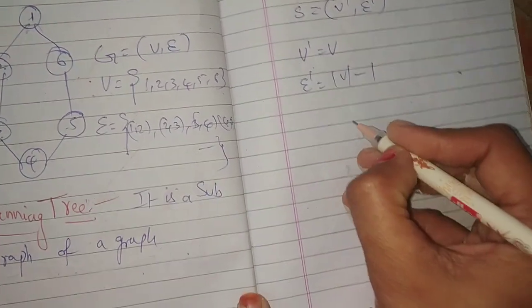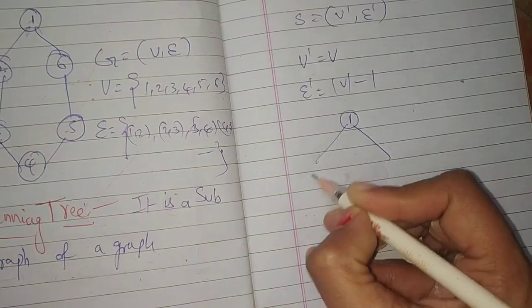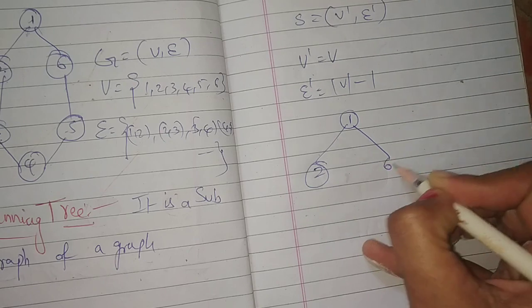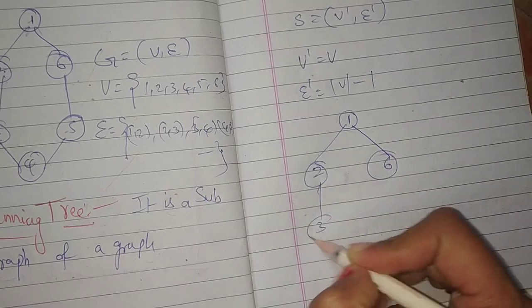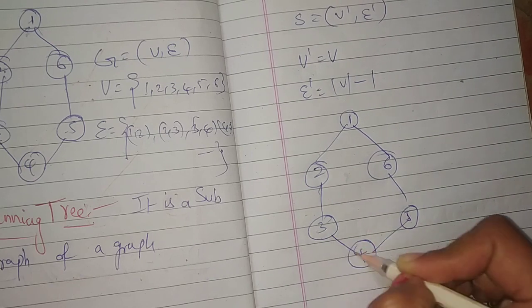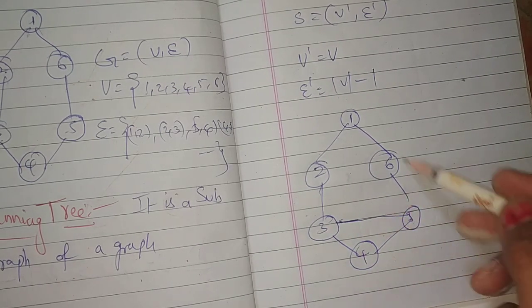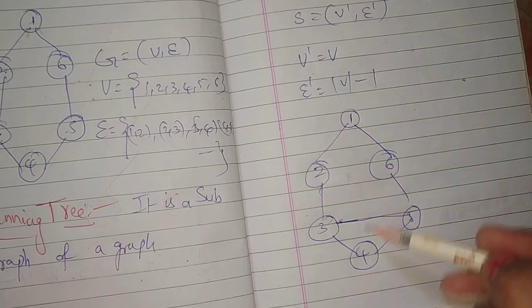For example, if you have a cycle in your graph, like this, how many cycles will form here? 1, 2.